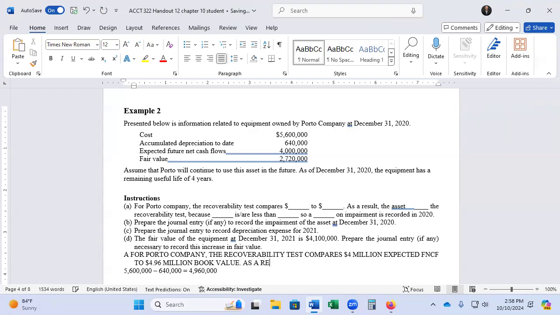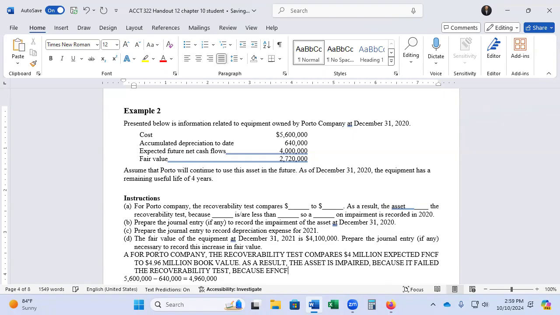As a result, the asset is impaired because it failed the recoverability test. That's a lot of becauses in one sentence.